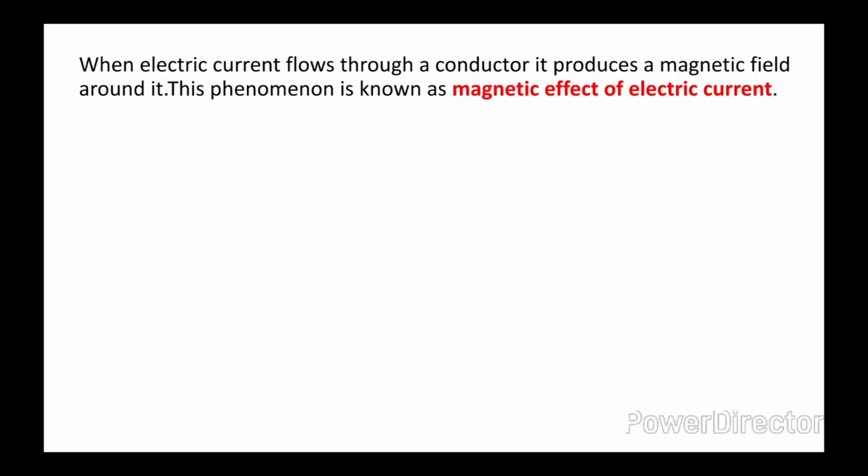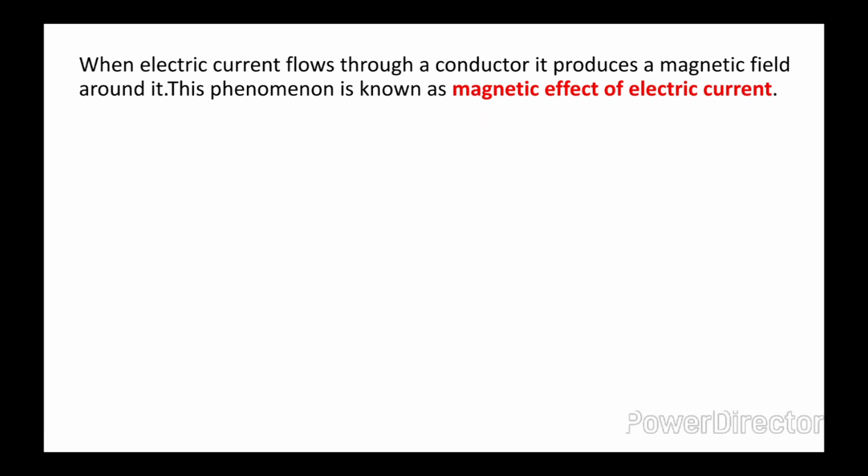Next, what do we mean by the magnetic effect of electric current? When the electric current flows through a conductor, it produces a magnetic field around it, and this phenomenon we call the magnetic effect of electric current.